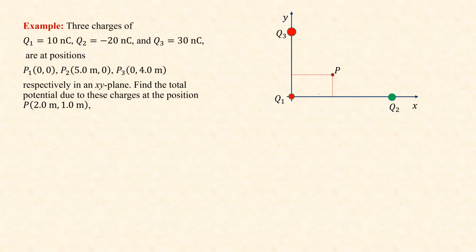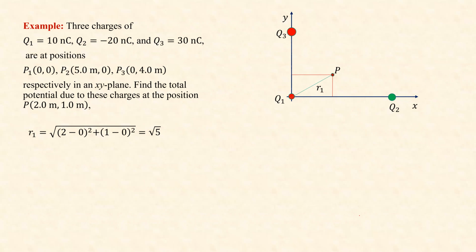That's this point, P. So we need to calculate the direct distance from each charge to P. For example, this R1 can be calculated by the square root of 2 squared plus 1 squared. You see the difference of the x's and difference of the y's squared.